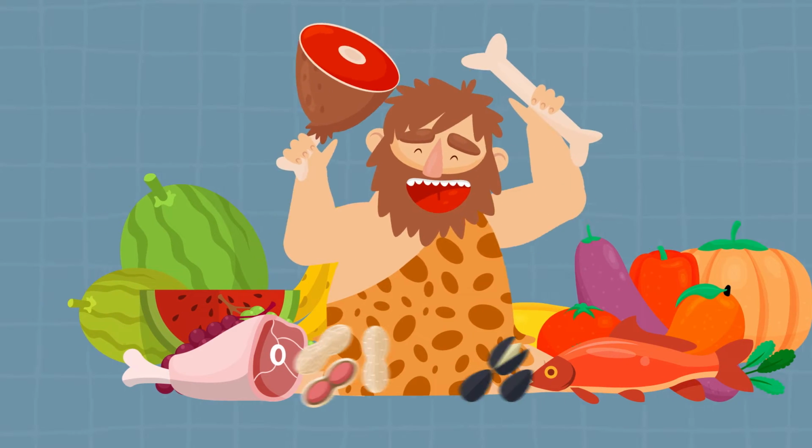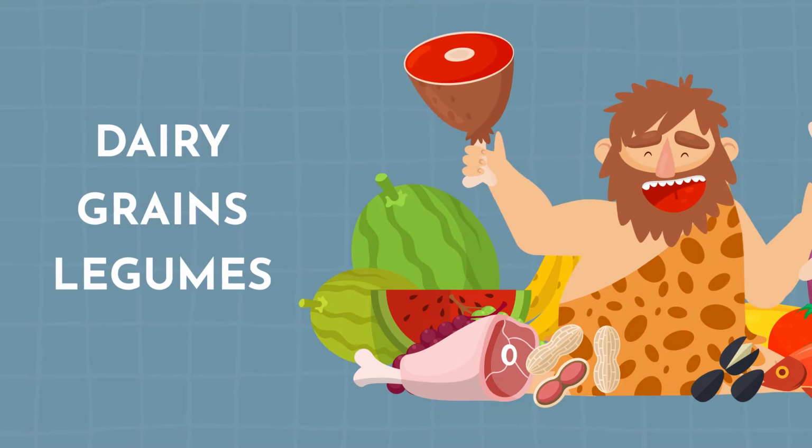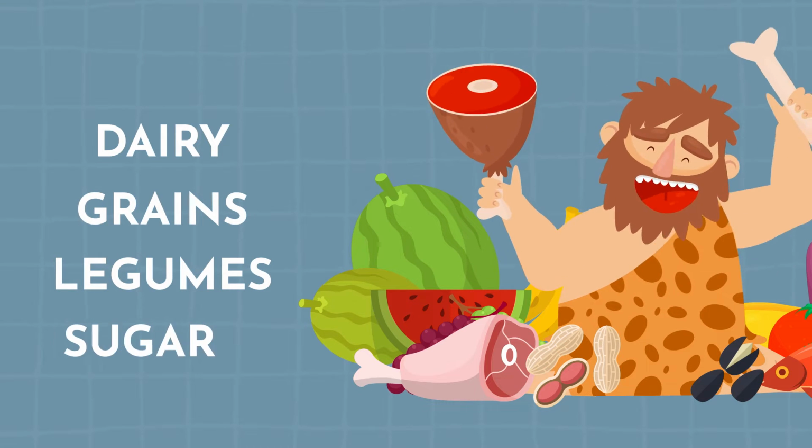It does exclude dairy, grains, legumes, and processed foods such as sugar. While it has been beneficial to leave processed foods out of your diet, eliminating whole grains and legumes does cut out sources of fiber and many nutrients. But this diet can help your client to eat more whole foods, lower inflammation, and likely release some weight.